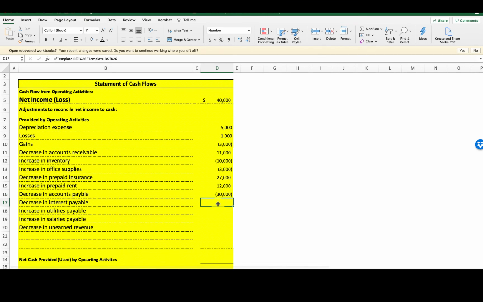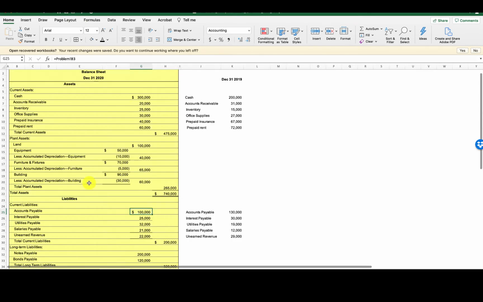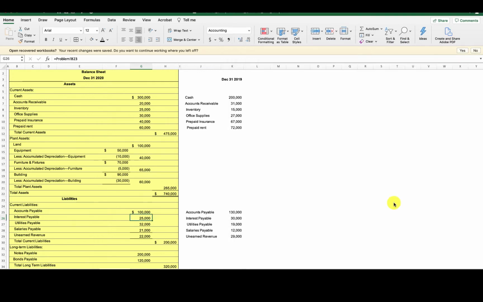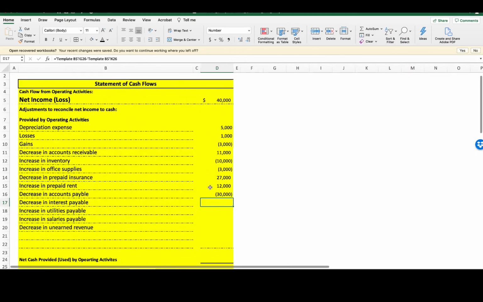Okay? Let's look at interest payable. So interest payable, we had 30,000 in 2019 and 25,000 in 2020. So we went down again by 5,000. So what do we do? According to the rule, if it's a current liability, if it's a decrease, we subtract. So I'm going to go over here and I will subtract.